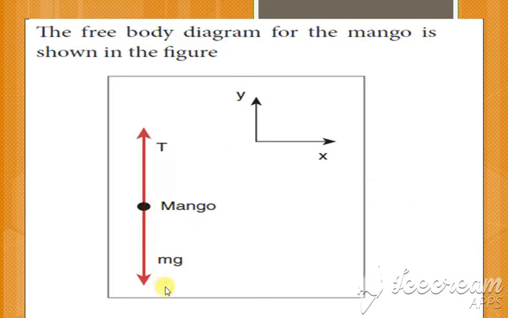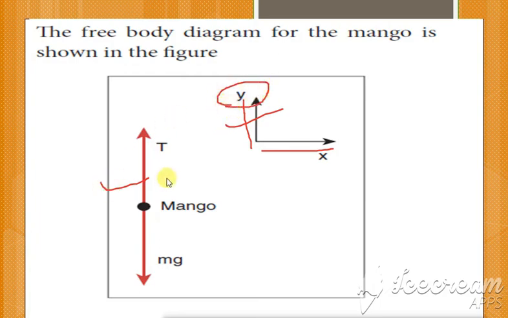Now when you are seeing this in terms of coordinates, this is the x coordinate and this is the y coordinate. When you compare this coordinate system with the diagram, y and T are both in the upward direction.